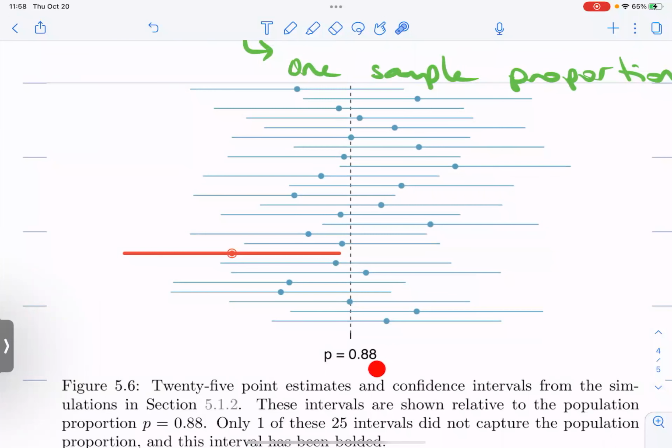So we generate a population, so we simulate this population. And then what they did was they took 25 random samples, right? And each of these dots represents the sample proportion, right? And as we already said, they're going to move around, constantly hovering around the population proportion, which we don't ever know, but in this scenario, just to illustrate, this is what it would look like.